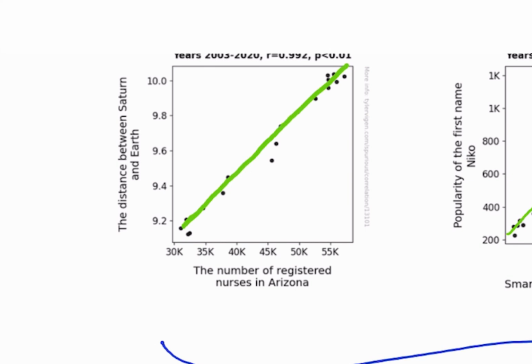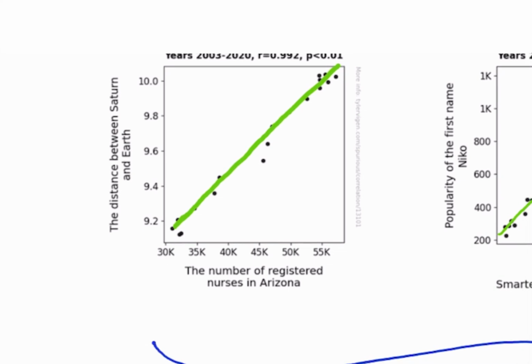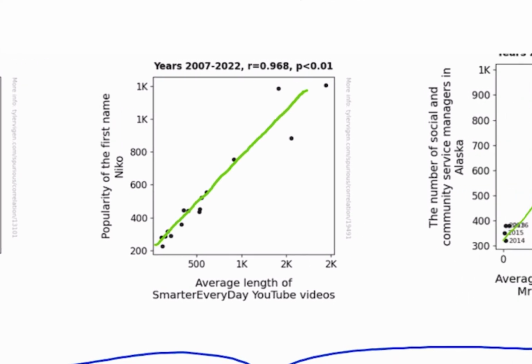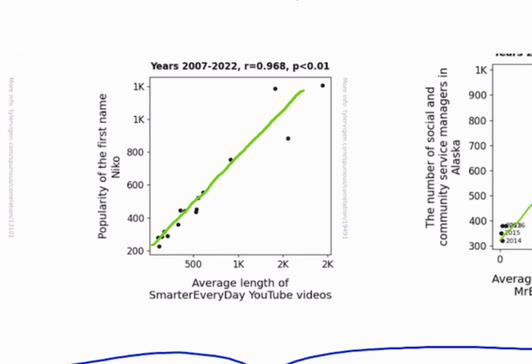Now, if a bunch of registered nurses move to Arizona, so there's more registered nurses in Arizona, is that going to cause Saturn and Earth to be further apart? Of course not. That's ridiculous. If you look at the second one, on the horizontal axis, we have the average length of Smarter Every Day, so that's some YouTube channel, the average length of their YouTube videos.